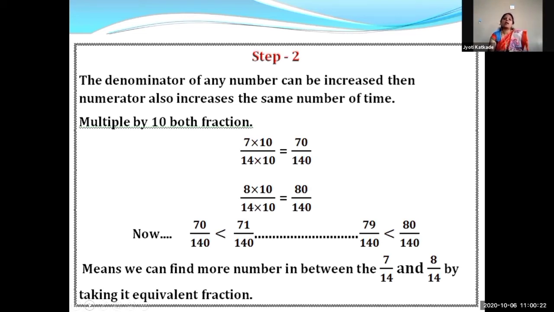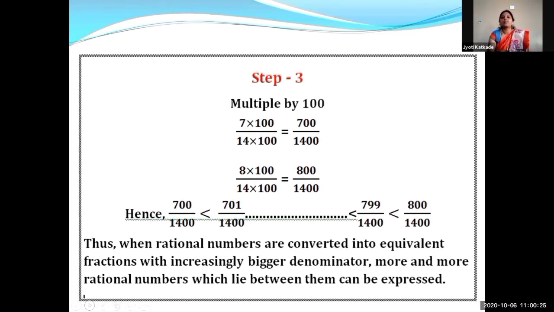See next slide, that is step 3. When we multiply this fraction 7/14 by 100, we get 700 divided by 1400. Then multiply 8 into 100 divided by 14 into 100, which is equal to 800 divided by 1400.